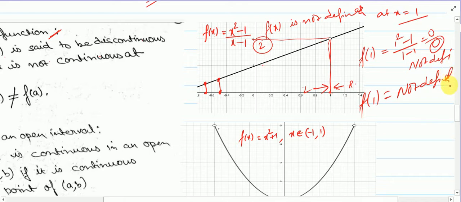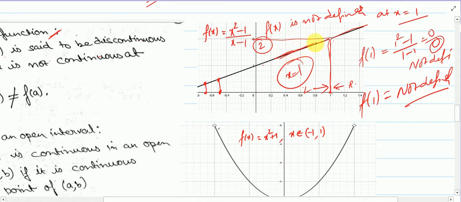Clear? So we'll say that this is discontinuous at x equal to 1, because when I'm trying to draw the graph, as I reach x equal to 1, I have to lift my pen, leave one point, and then start drawing the graph again.